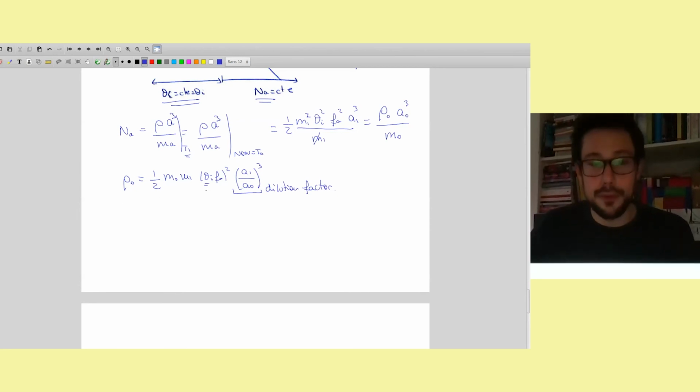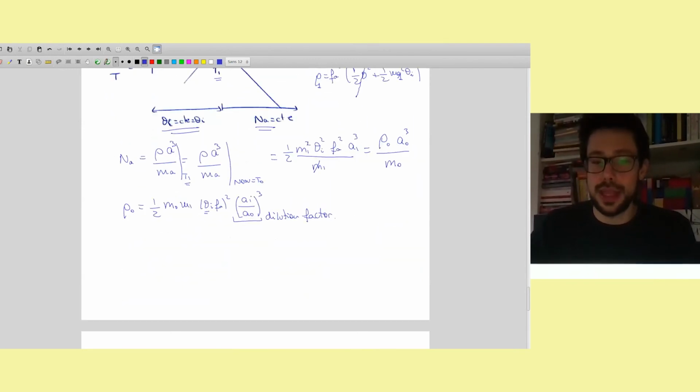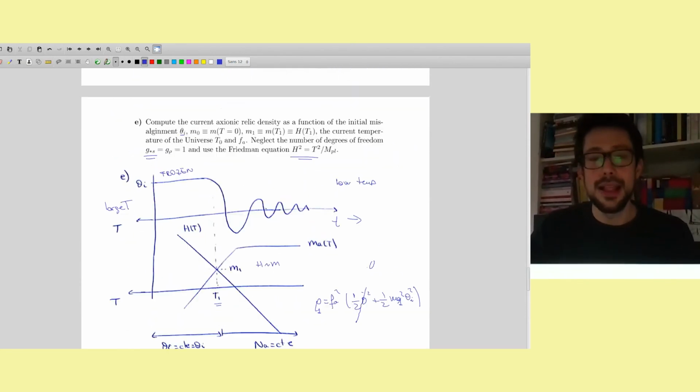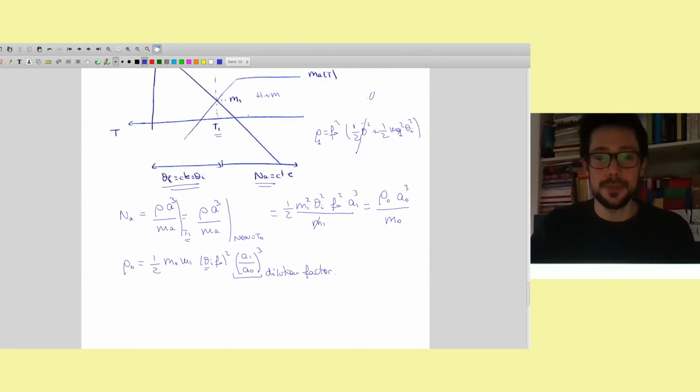And then we have the formula of the relic density in terms of these scale factors. However, in the exercise they are asking for us to compute this, but not in terms of the scale factor A1 and the scale factor now, but we want to compute it in terms of the masses of the axion at different temperatures, and at most the temperature of the universe today, right?